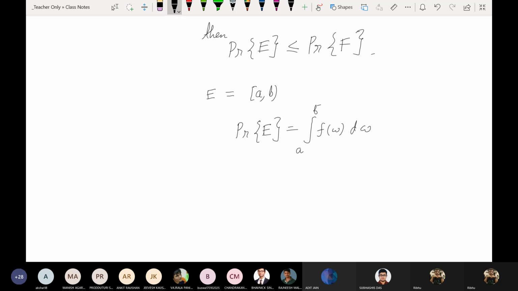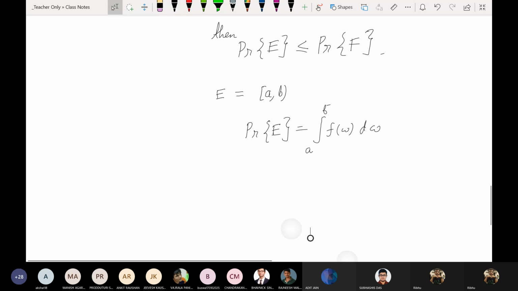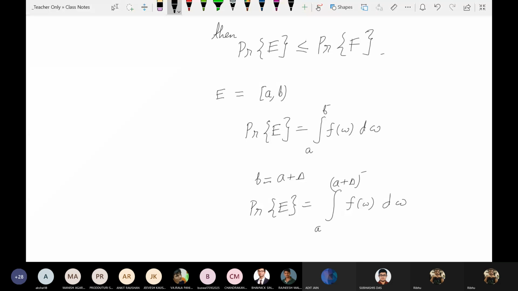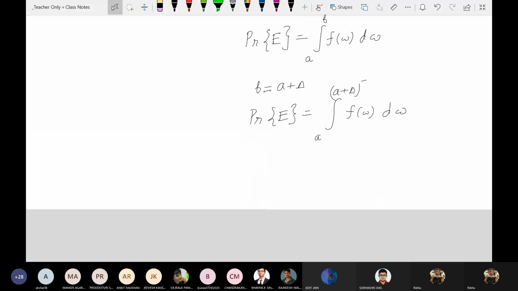So what happens in this case is, as you said, let's say B equals A plus delta. So probability of E equals the integral from A to A plus delta, for the infinitesimally small case.